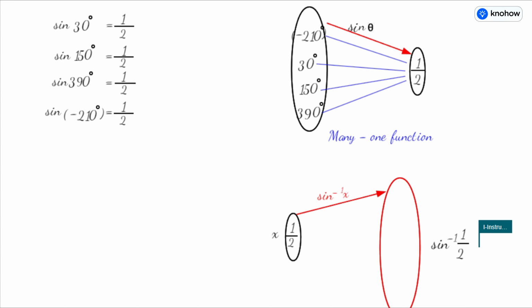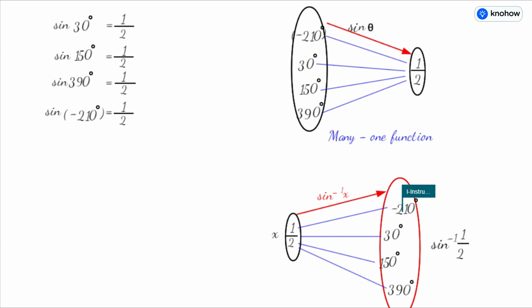So as we have seen in the previous table, it could be 30 degree or 150 degree or 390 degree or minus 210, or in terms of radian, pi by 6, 5 pi by 6 and so on. Do you think it is a function?